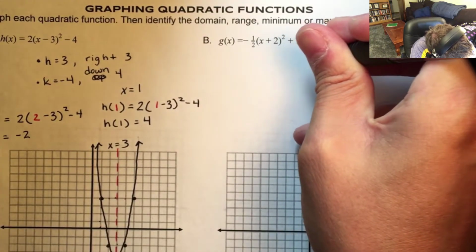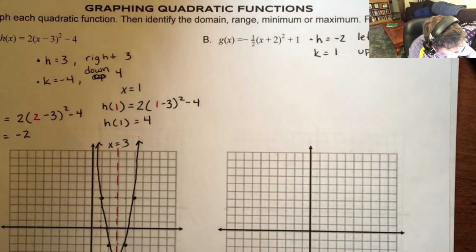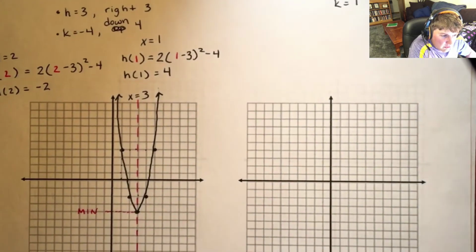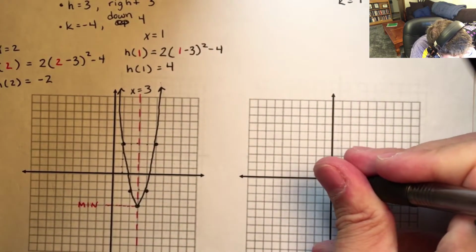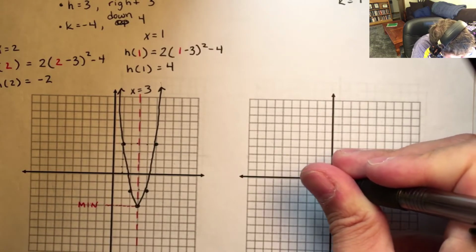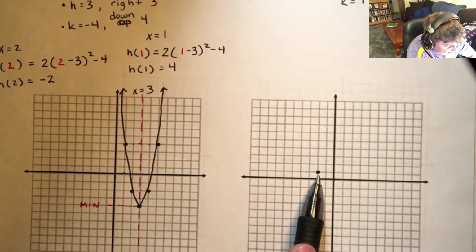My k value here is positive 1, meaning it's going to move up 1. My graph normally starts at 0, 0, but instead this one is being moved left 2 and up 1. So this is where my graph is actually going to start.